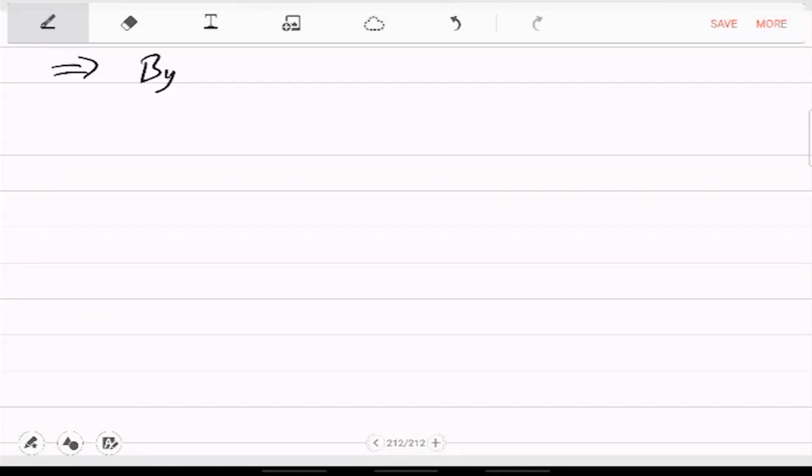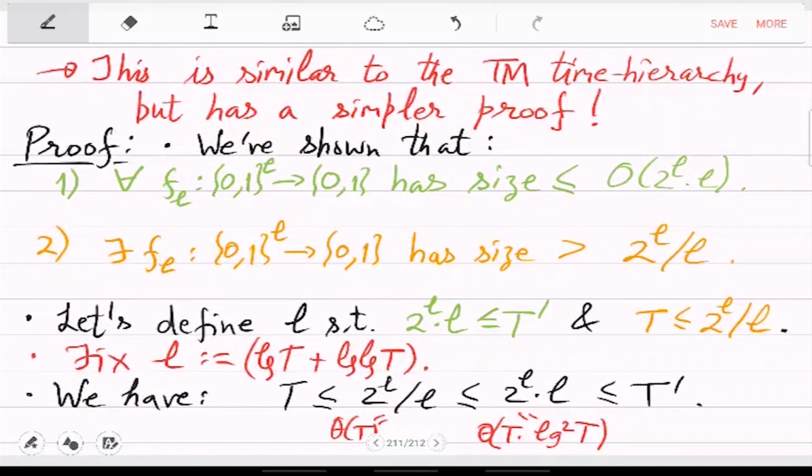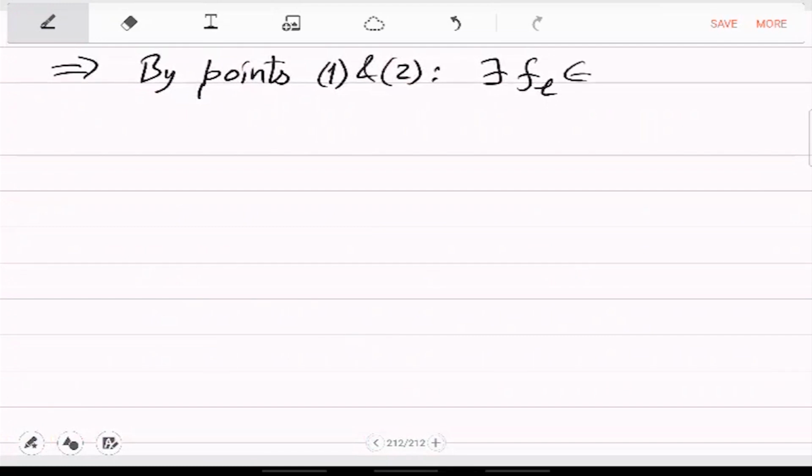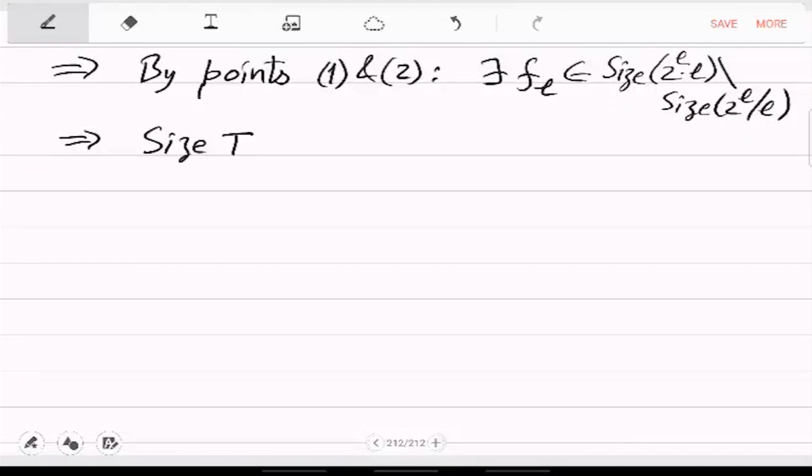So, by points one and 2, there exists an FL which is in size 2 raised to L times L, but not in size 2 raised to L by L, right, which means that size T is strictly smaller than size T prime.